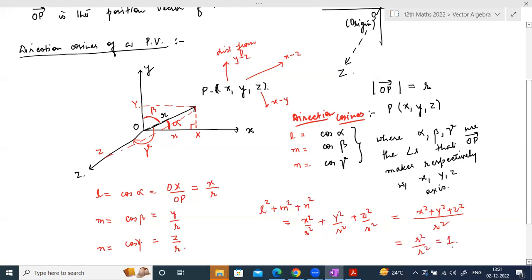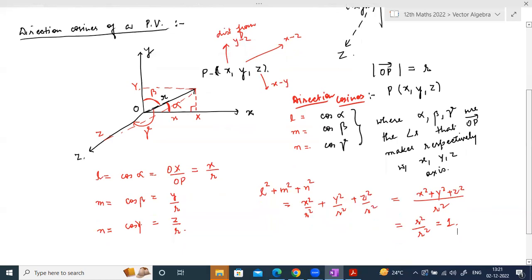It gets cancelled and the answer is 1. So the sum of the squares of the direction cosines is 1. This is a very important rule: l square plus m square plus n square equals 1. This is all about direction cosines.